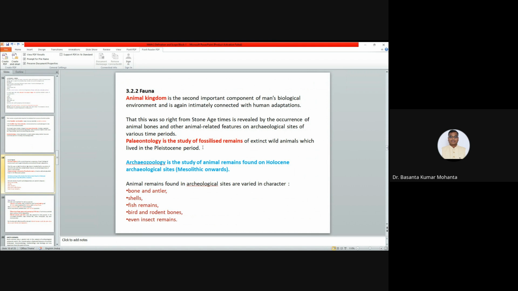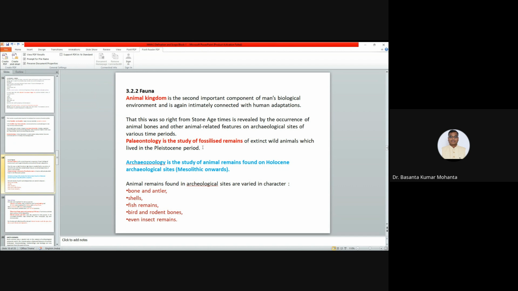Some of the animal remains, like bones, teeth, antler, tusks, etc., are found from archaeological sites in fossilized form or in semi-burnt condition. The paleontologists study these fossil remains of wild animals, whether they are extinct or still alive, and their relationship.